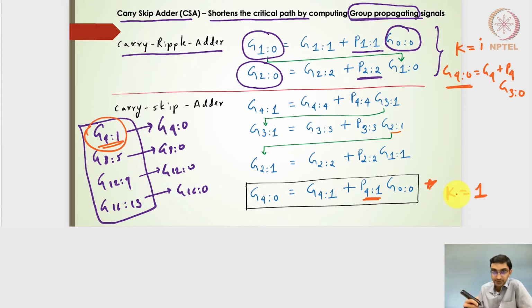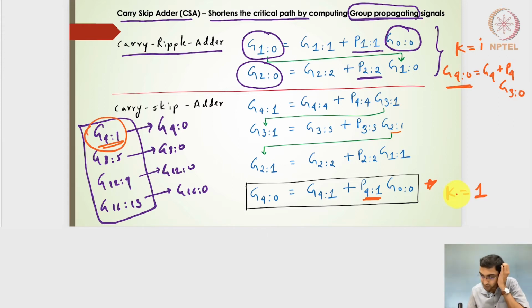Right, in the subsequent G8 is to 0, we will take the K value to be 5, and for 12 is to 0, we will take K equal to 9, and then for the 16 is to 0, we will take K to be nothing but 13.